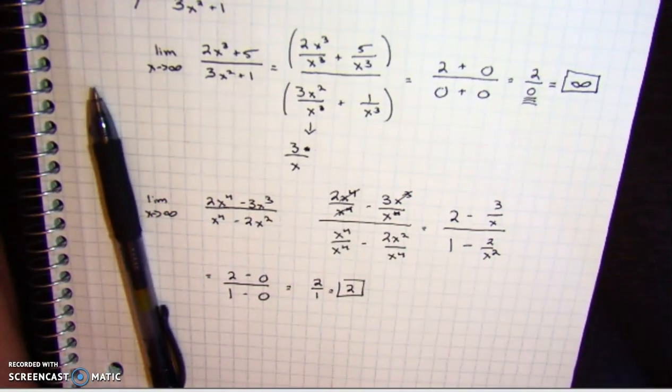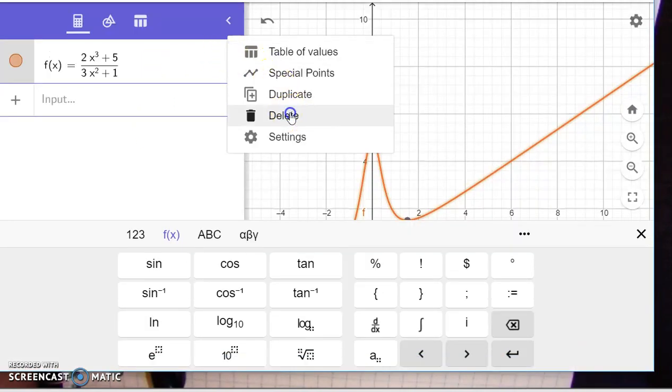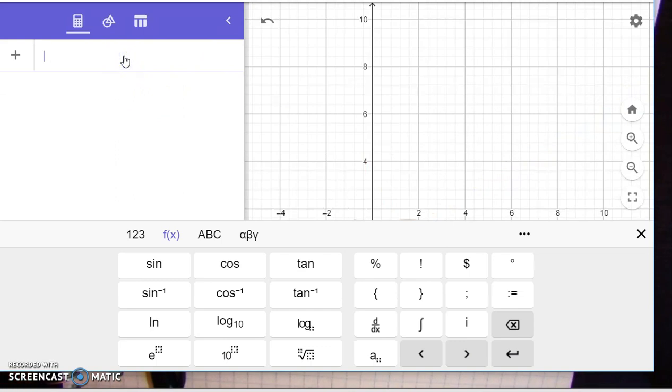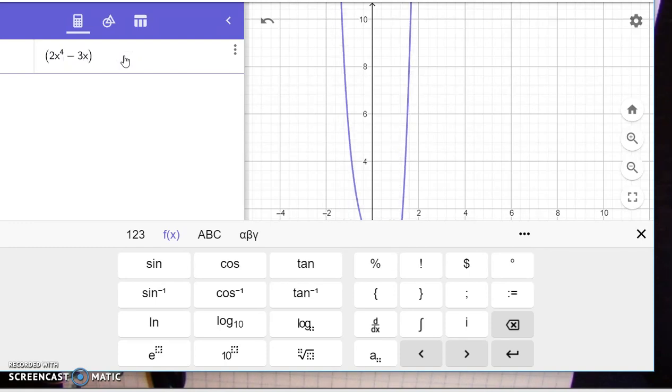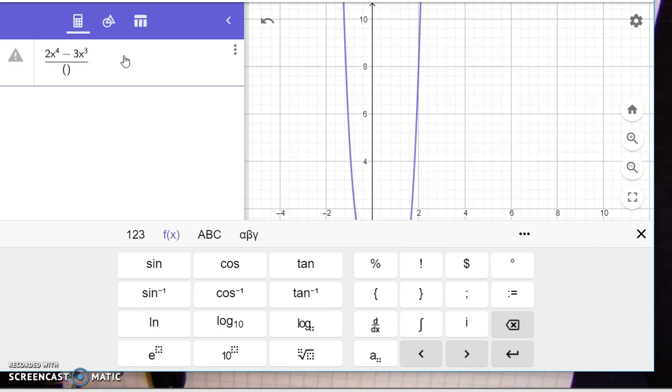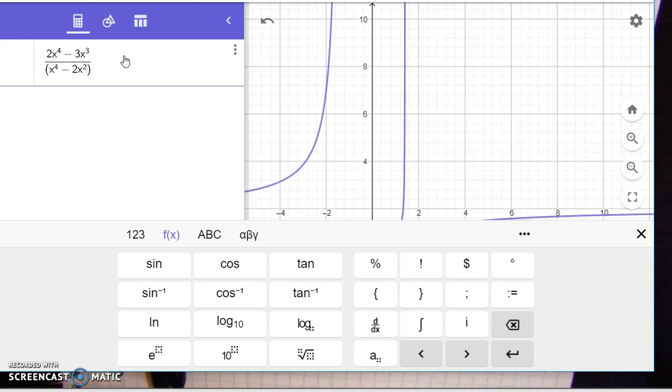Let's take a quick look at this graphically, just for fun. I've got on the top 2x to the 4th minus 3x cubed, divided by x to the 4th minus 2x squared.